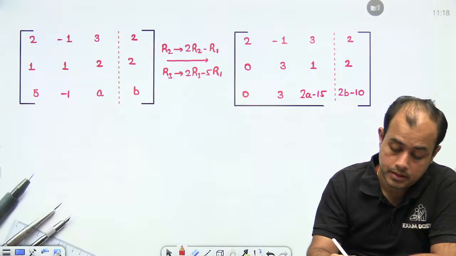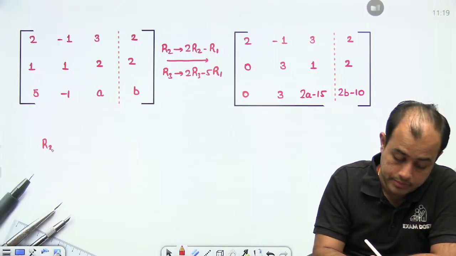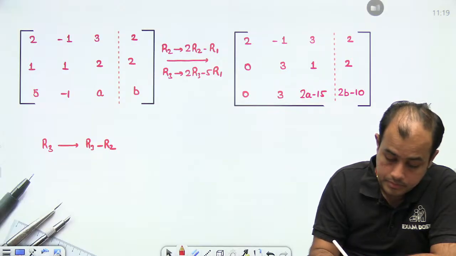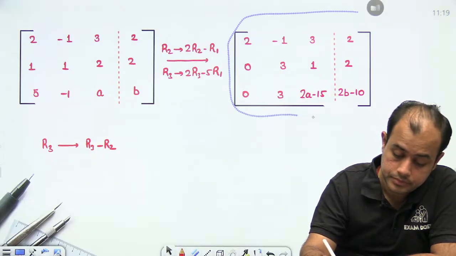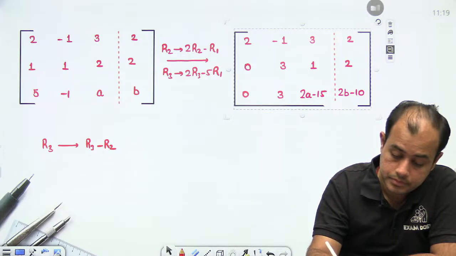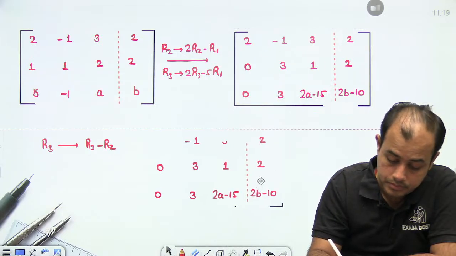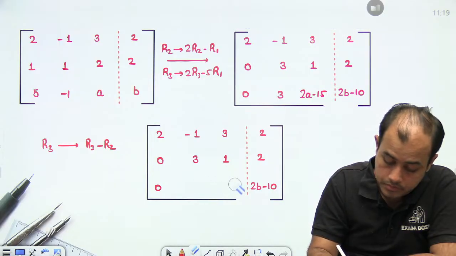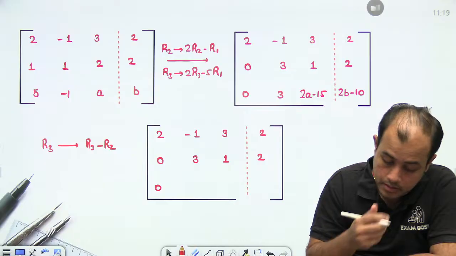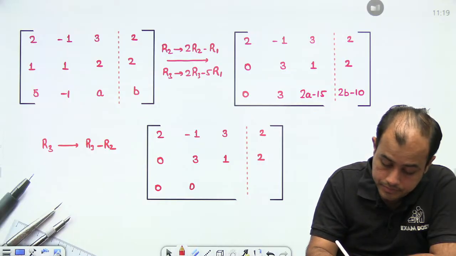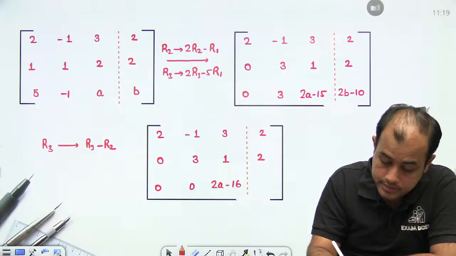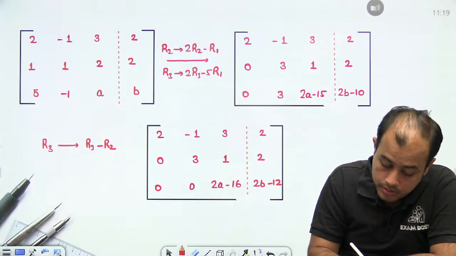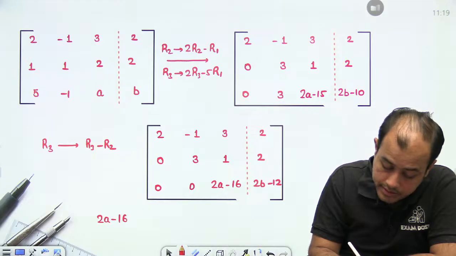Okay. Now I will write, so 3 minus 3 is 0. 2A minus 16. Okay. Now this value must be 0.